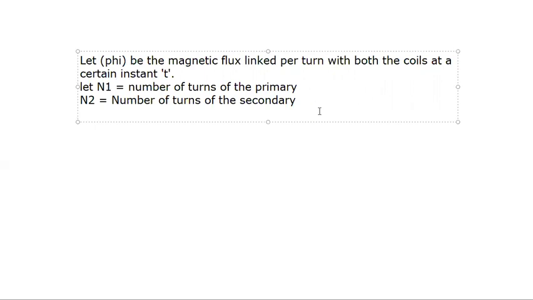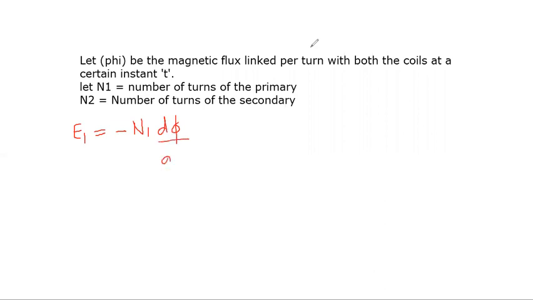So how can we define E1? E1 is the EMF that is produced in the primary. I can say that E1 can be written as minus N1 d phi by dt. According to Faraday's law, the EMF E1 depends on N1 and the rate of change of flux that's taking place in the primary coil at a certain instant of time. Similarly, the EMF in the secondary coil, E2, is minus N2 d phi by dt.